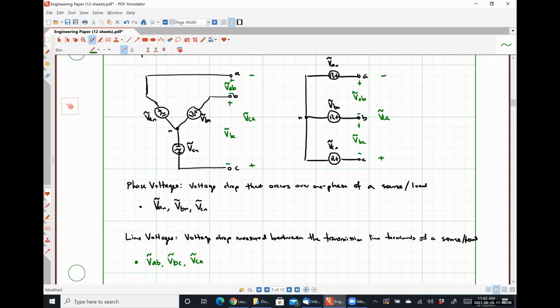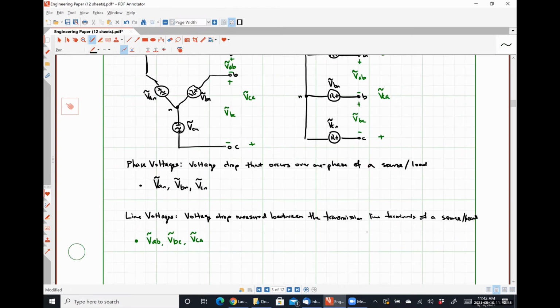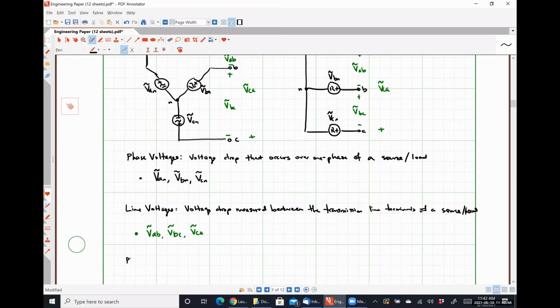We can next define what are called phase currents, where phase currents are the currents flowing through one phase of a source or load.